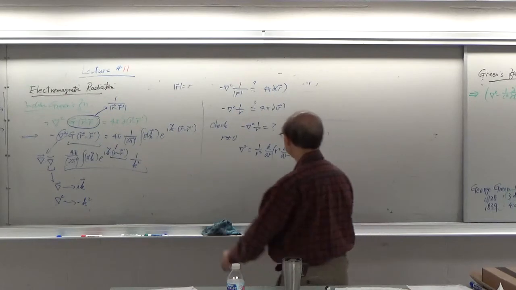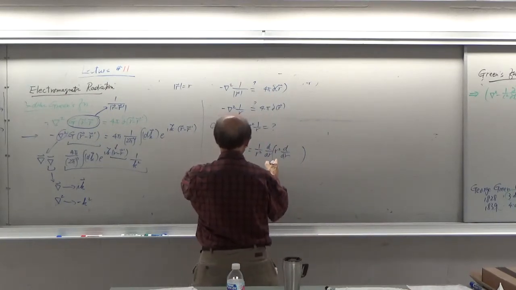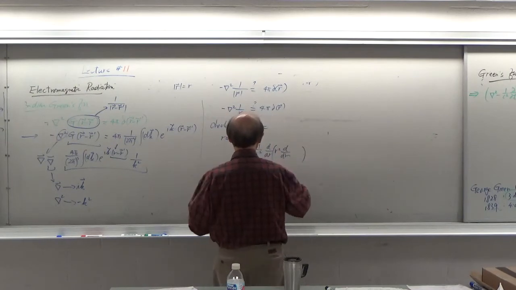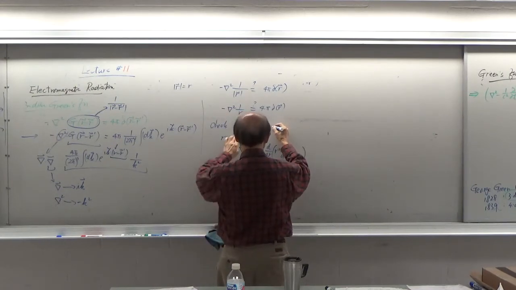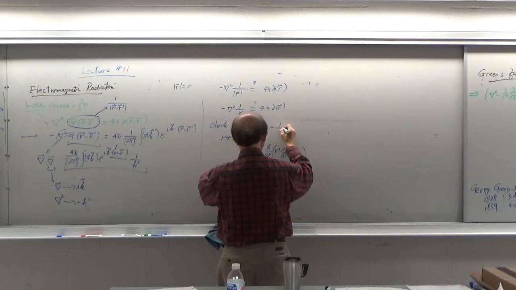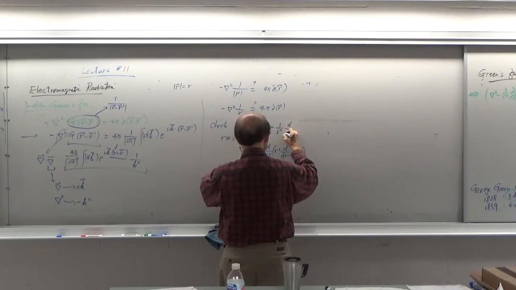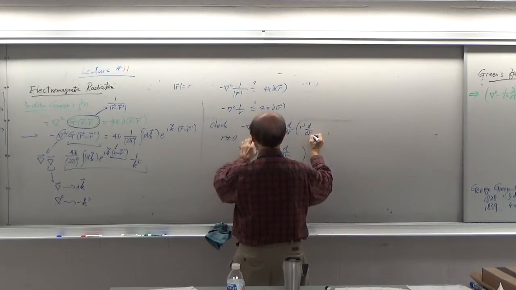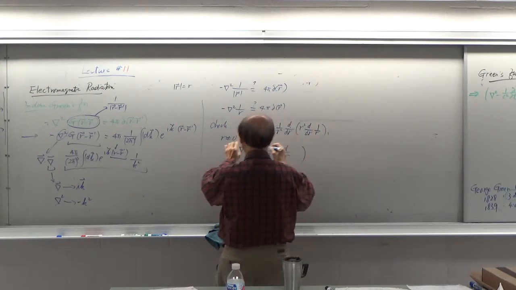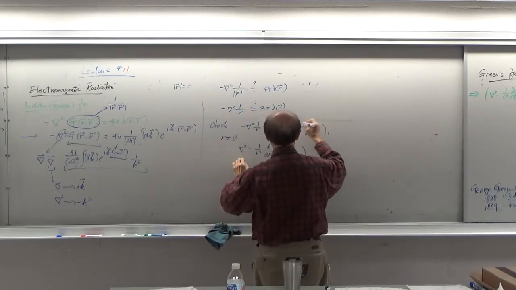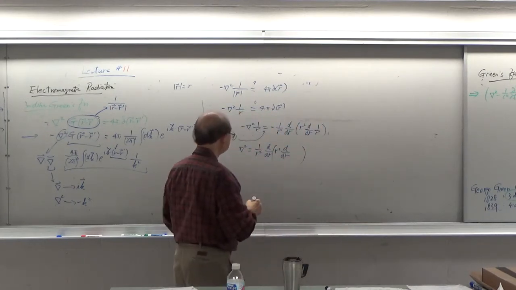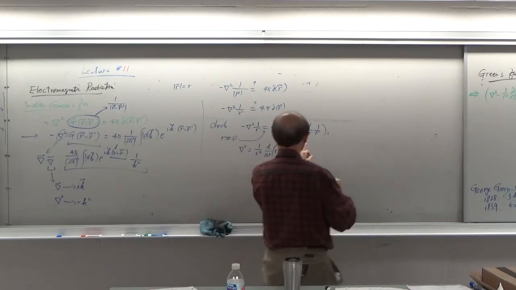All right, let's check that. So this now equals minus 1 over r squared d by dr r squared d by dr acting on 1 over r, for r not equal to 0, not the origin. That's simple.